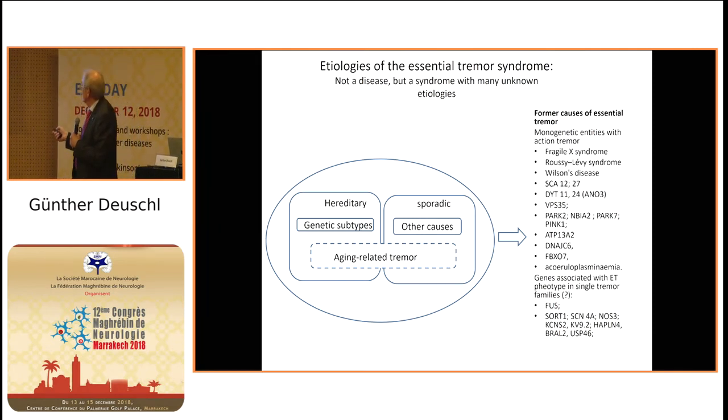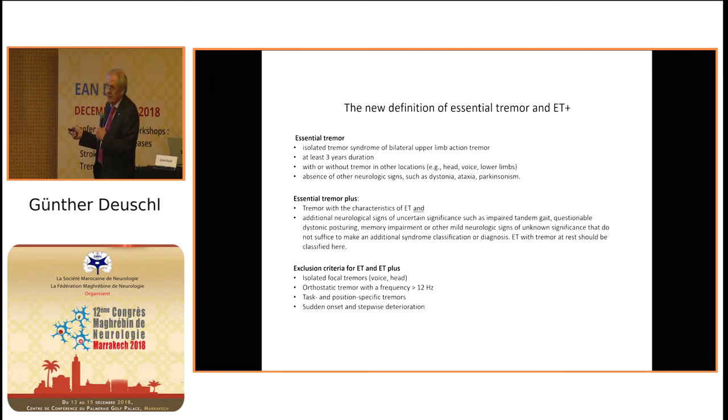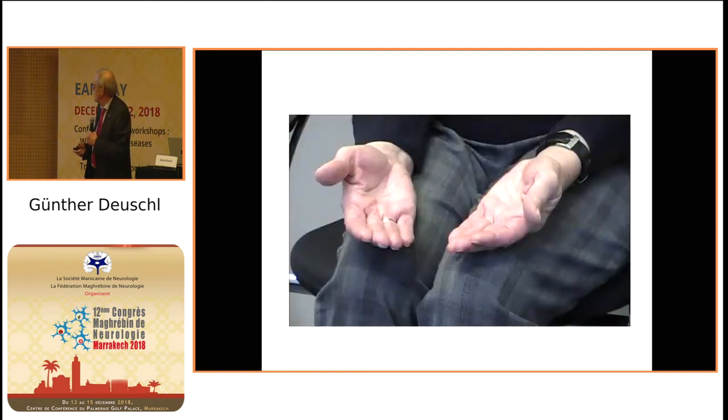In the past, we always thought this is one disease, and we simply mix it up with a few other diseases. Now we have changed perspective. We say there are causes behind which need to be detected. Probably the most important one, in terms of numbers, is the aging-related tremor. I will not go into too much detail, but we can discuss if it's ET+, because that is probably a clinical indicator to help us to sort these patients out. I will show you later other cases.